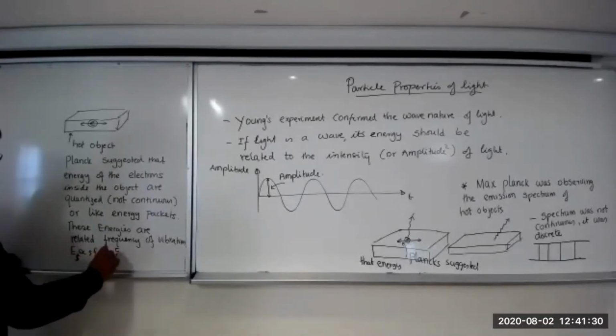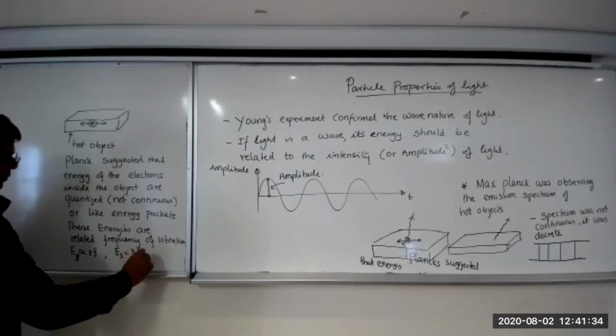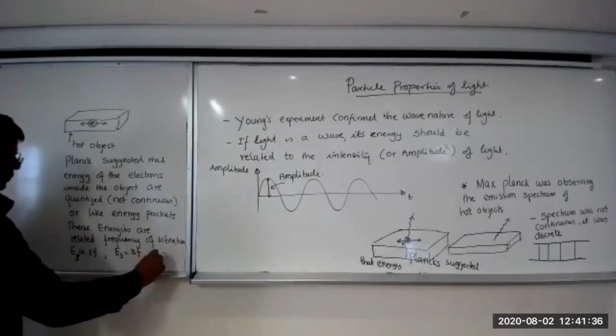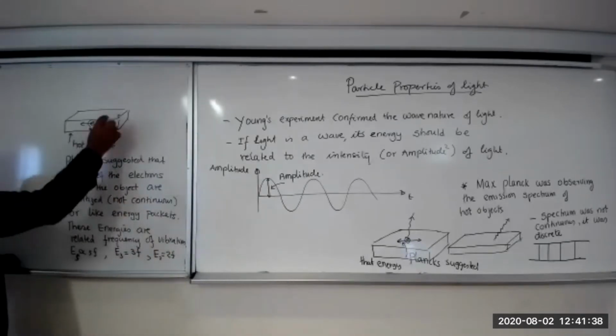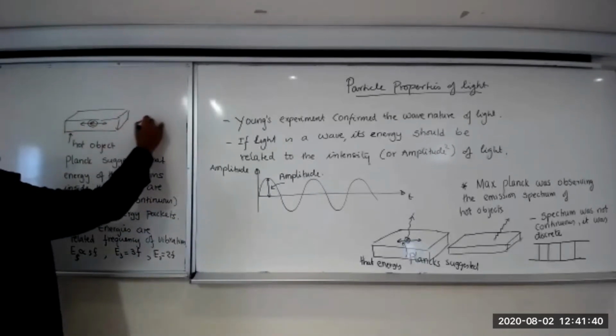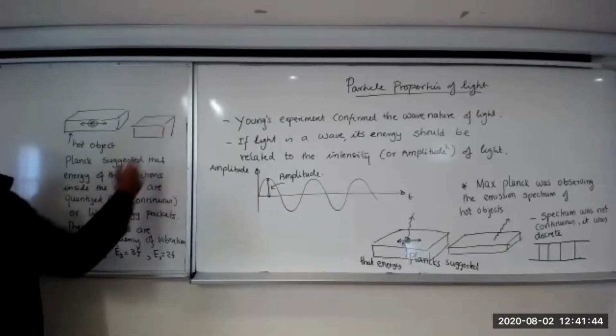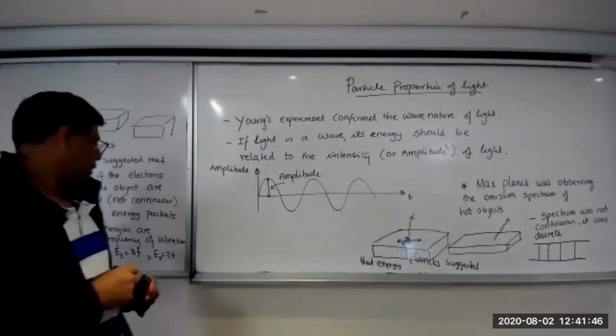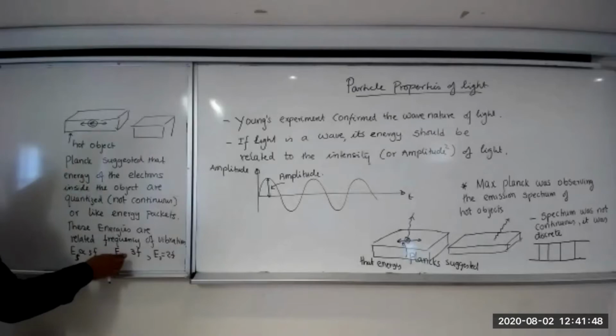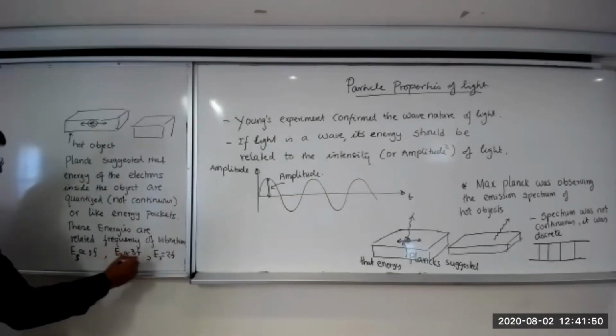Another one maybe 3F, and so on. 2F. So each electron has a certain amount of energy. He was linking that with some sort of a constant. That's what we call the Planck constant.